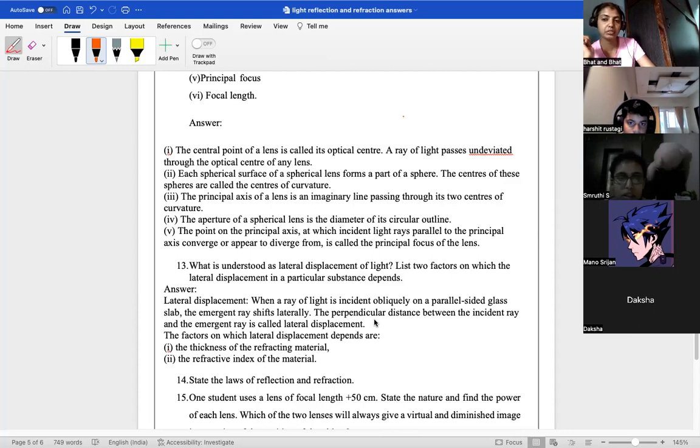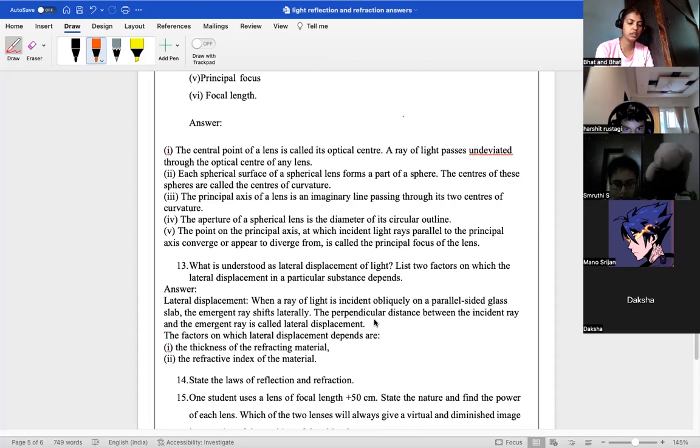And for refraction, the incident ray, the normal and the refracted ray all lie on the same point of the refracting surface. Then one more. The second law is also known as Snell's law.